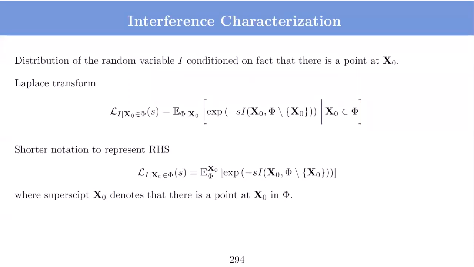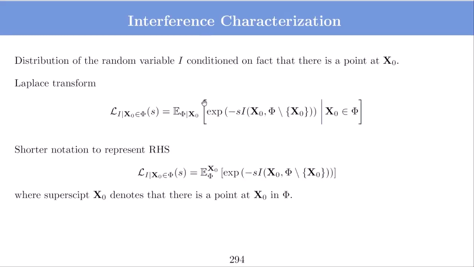We can just compute a Laplace transform. And we know that the Laplace transform uniquely characterizes a random variable. By looking at the distribution in Laplace transform form, we can uniquely determine the distribution of that random variable. So the Laplace transform would be given as e to the power minus sI.